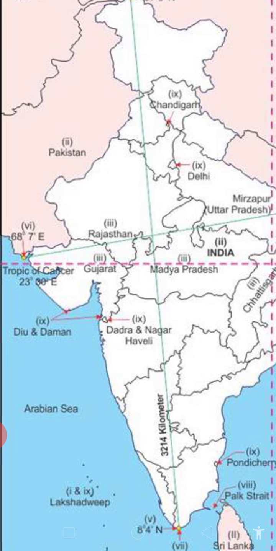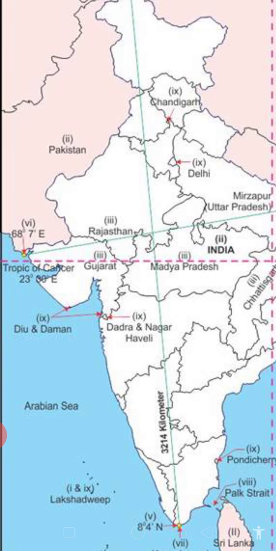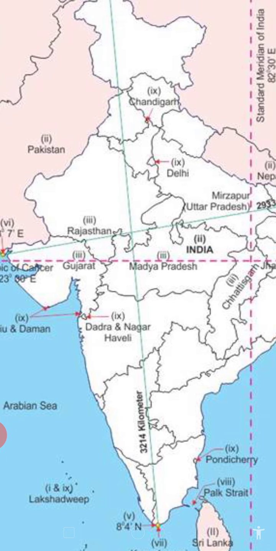In the same way, this is the Tropic of Cancer, 23.30 degree. Why east? North, it is north. 23.30 degree north, Tropic of Cancer.